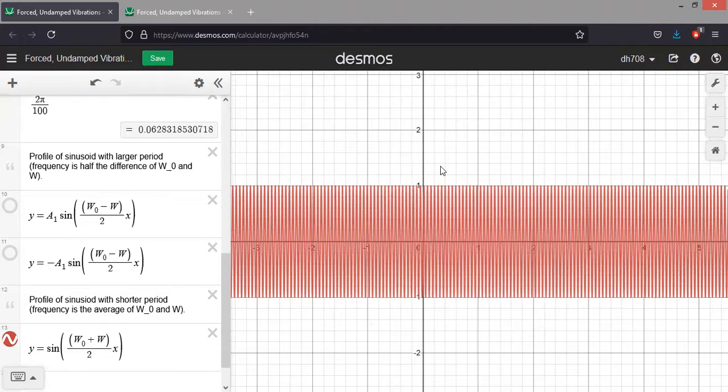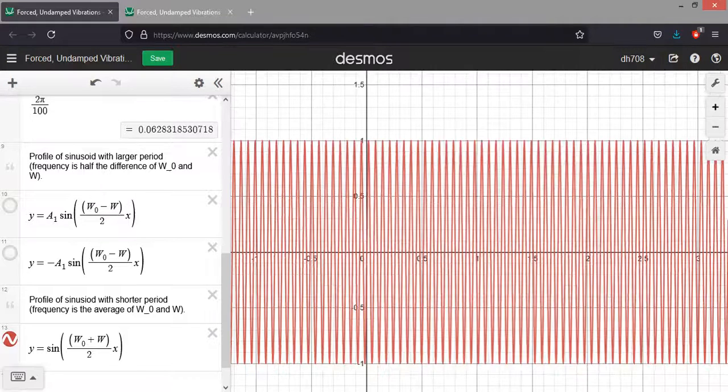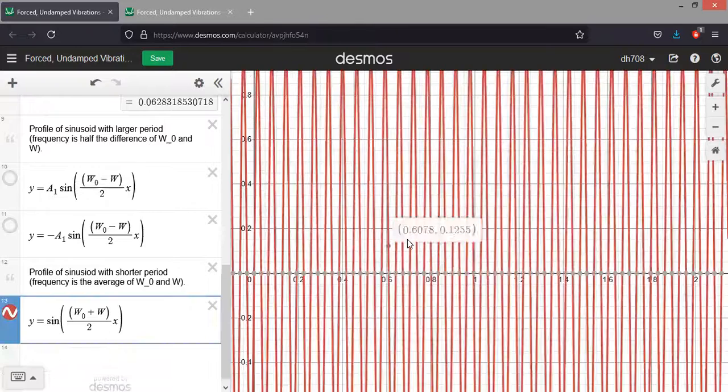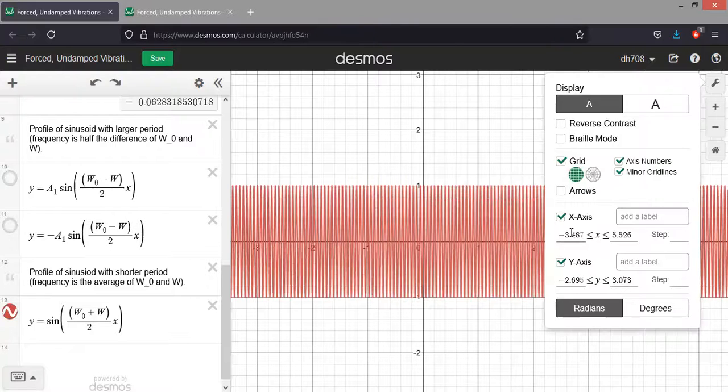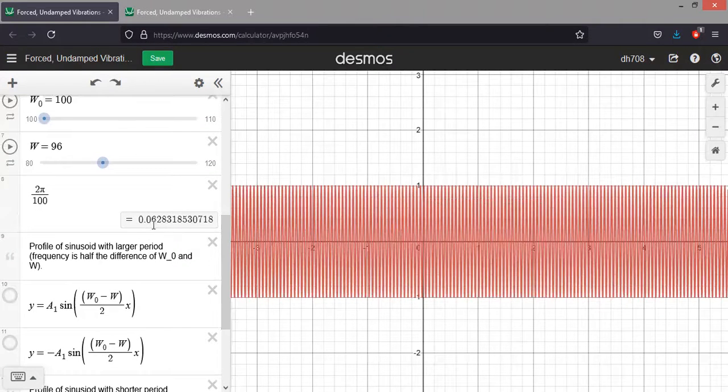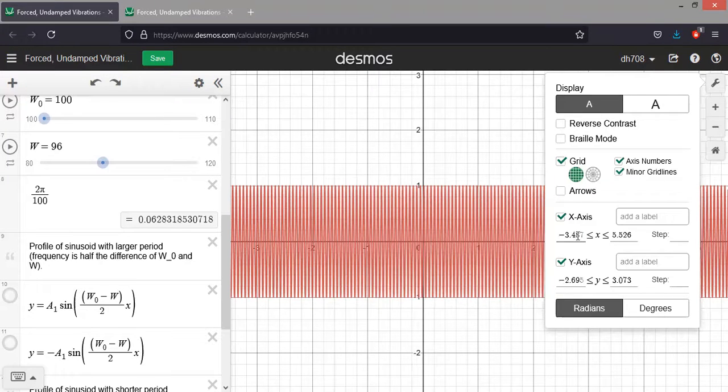And you can see, let's zoom in. What is the period here? So zooming in maybe isn't the best idea. What we can actually do is change the time scale, which is the x-axis. So I said up here that the period is about 0.06. So let's change the x-axis to be about 0.1.